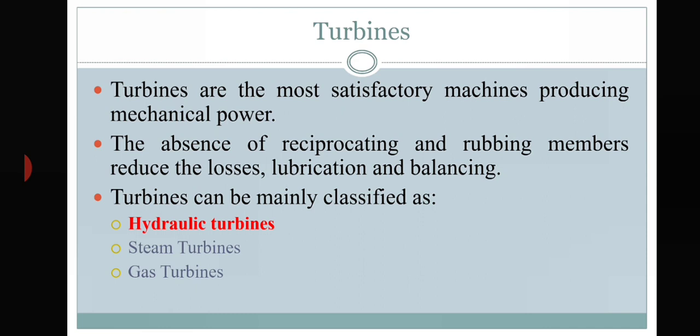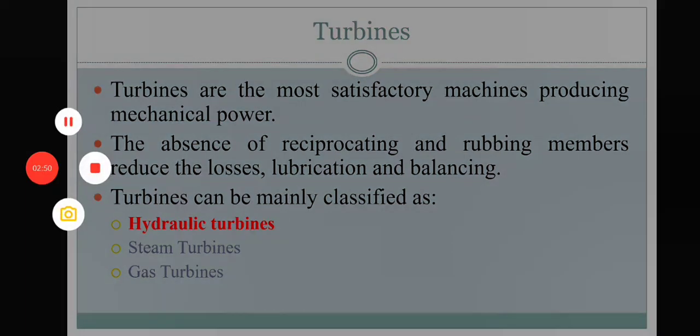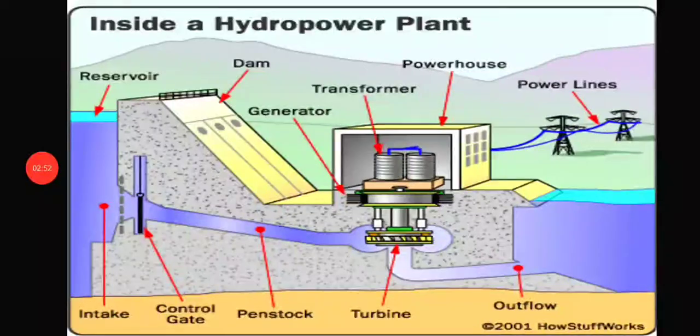Turbines normally have an efficiency of around 85 to 90 percent or more. Based on the fluid flowing over the turbine, there are generally three types: hydraulic, steam and gas turbine. For your syllabus we will consider only hydraulic turbines, where the fluid is only water.